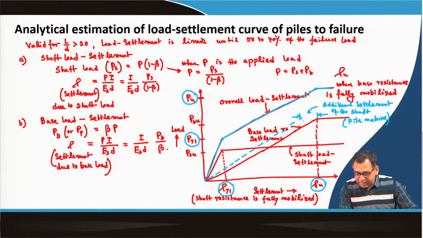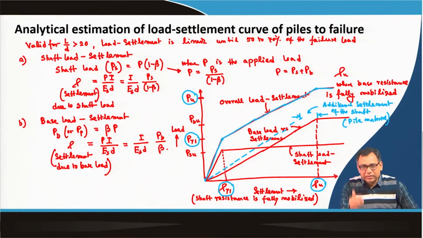Because this is the x axis, the settlement, the additional portion of the settlement is due to the settlement of the pile material, and that will happen due to the tip load. As I have already mentioned, this compression of the pile material will take place once the compression of the soil is over.